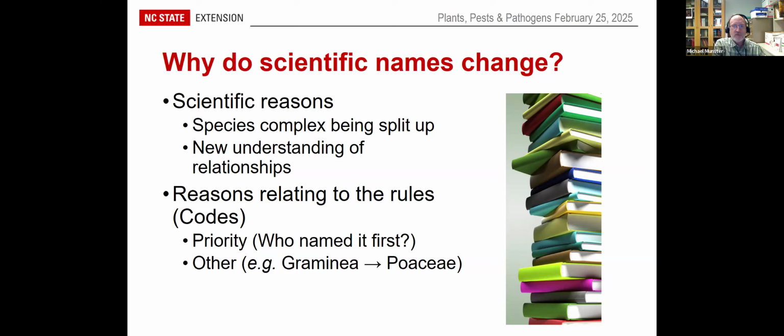But now those names have changed because of the rule that the family name needs to be based on the name of a genus, which needs to be based on the name of a species, the type species in that. So there are some name changes that have been based on the codes themselves.